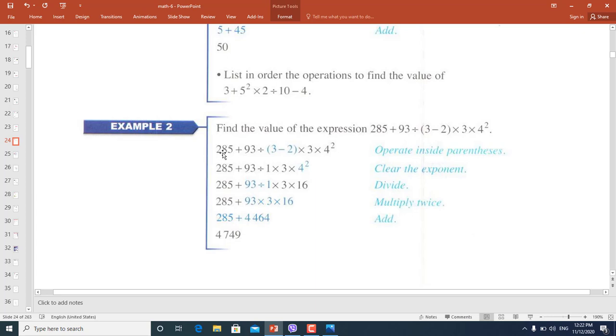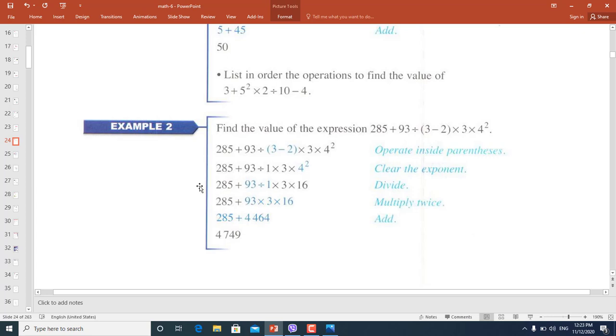We don't change anything of them. 285 write again plus 93 divided by 3 minus 2 solved inside the parentheses, it's 1, and times 3 times 4 exponent 2 write again. From the second step we will solve the exponent. Any number and sign you have, you write again. Together we bring down, and 4 exponent 2, that means 4 times 4, it is 16.